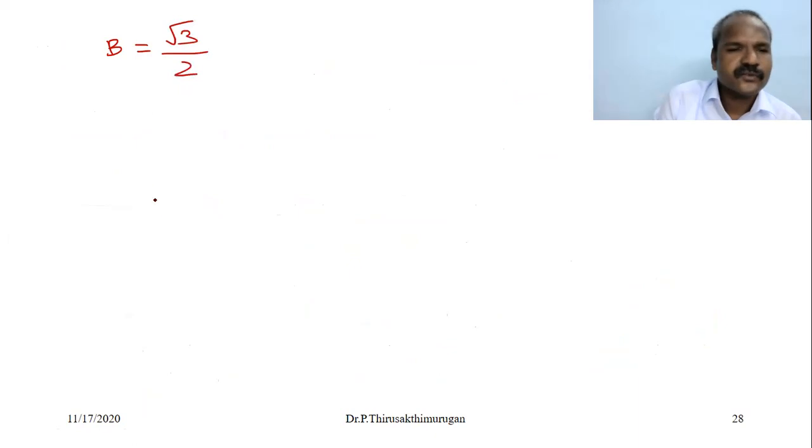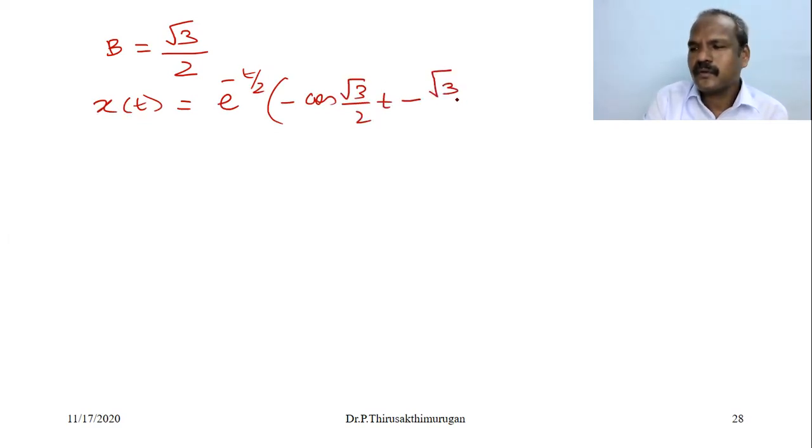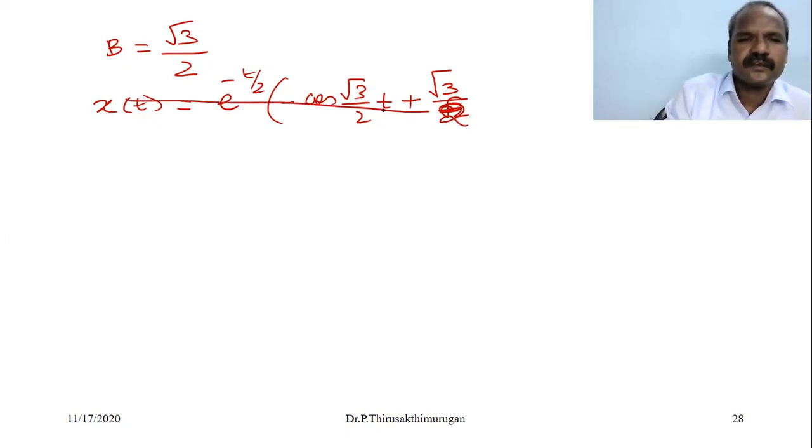So the solution of the motion equation is e power -t by 2 into (-1 cos √3/2 t plus √3/2 sin √3/2 t). Sorry, this is wrong, let us redo the sum.